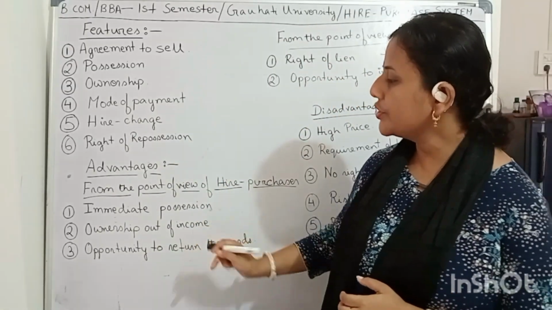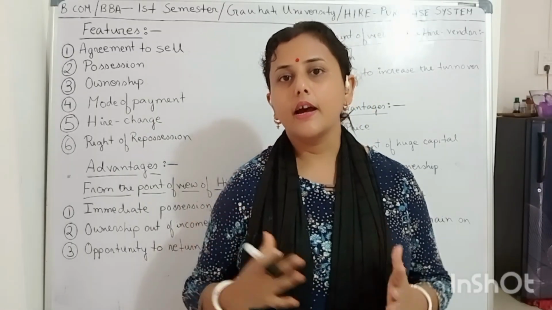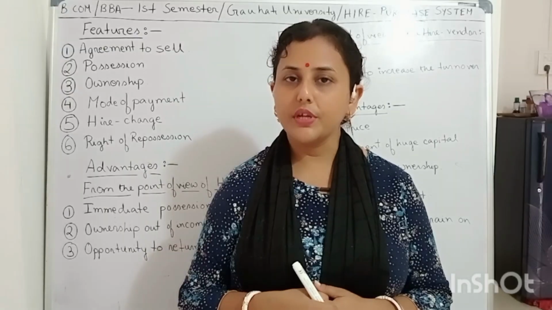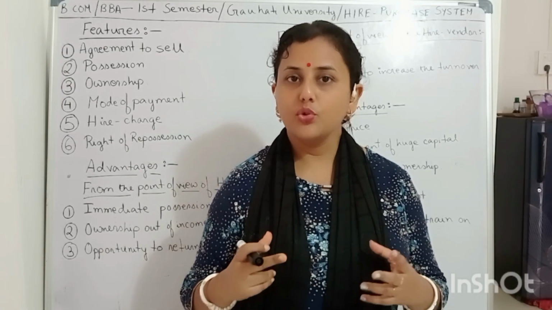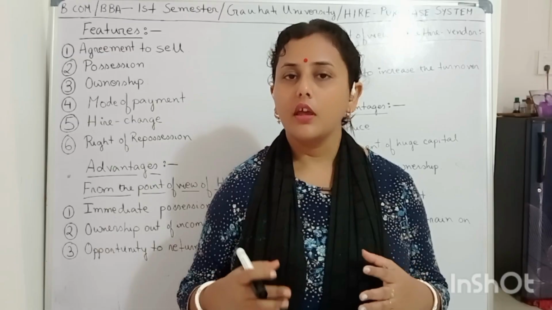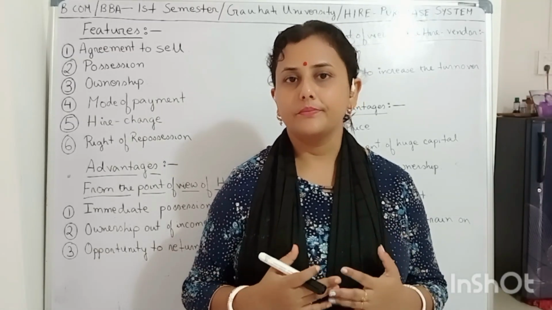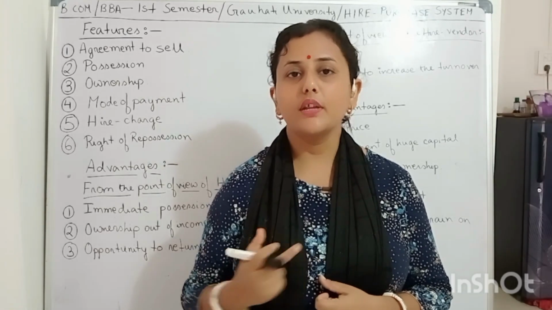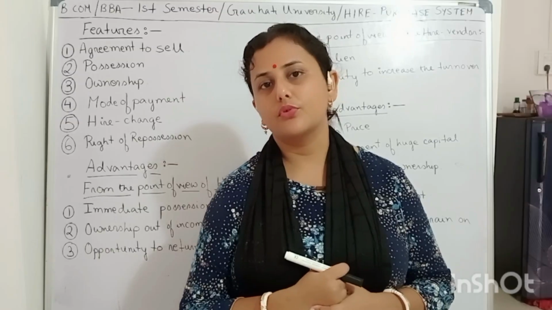Then you see ownership out of income. As the hire purchaser purchases goods under the hire purchase agreement, he can use that asset and earn income. That money he can utilize in payment of installments and get the ownership of the goods.